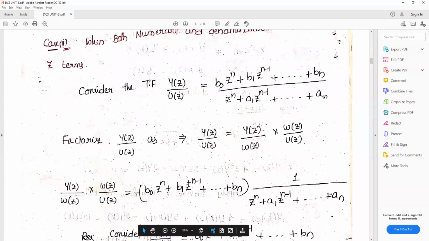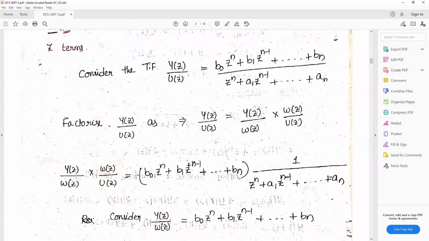factorize: y of z by u of z is separated into y of z by w of z into W of z by u of z. So the W of z is cancelled, same y of z by u of z.